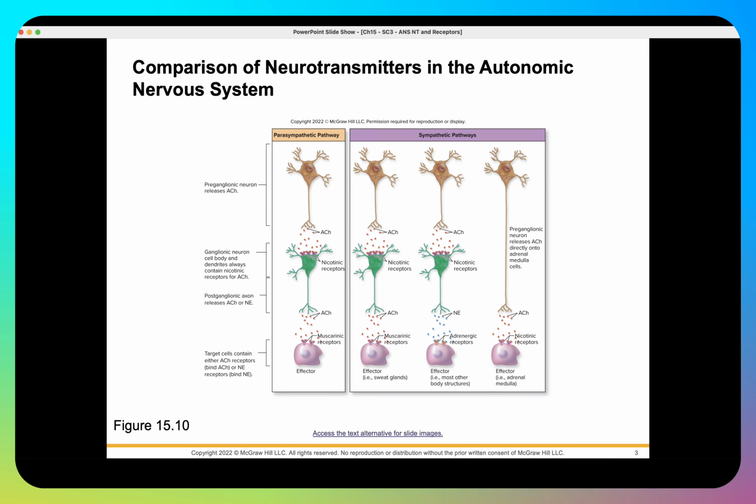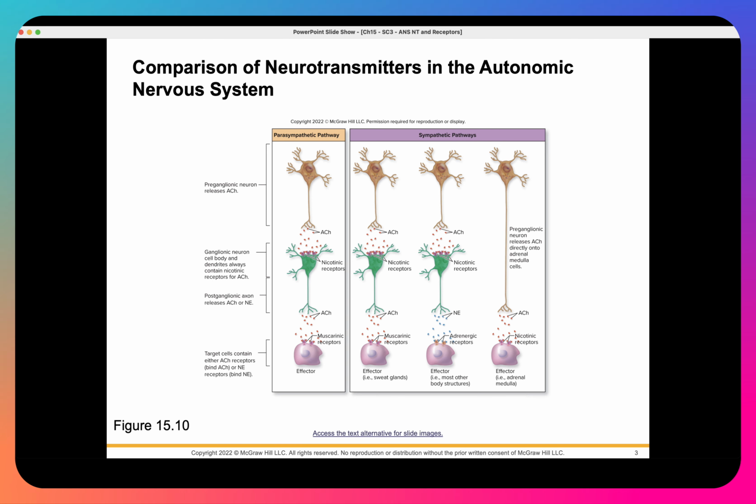The first thing that I want to point out is this parasympathetic pathway. If we look at all of the preganglionic neurons, it does not matter what branch of the autonomic nervous system we're talking about, they all release acetylcholine. That's important. So all preganglionic autonomic neurons are going to be cholinergic, and they're going to release acetylcholine.